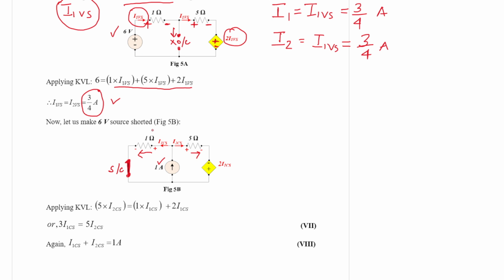Let us say the current through the 1 ohm resistance is I1 CS, that is, I1 for the current source, and the current through the 5 ohm resistance is I2 CS, that is, I2 for the current source.